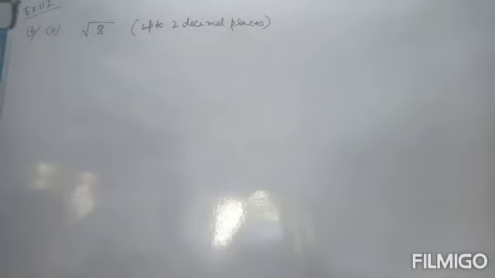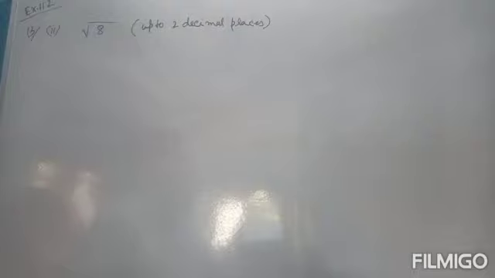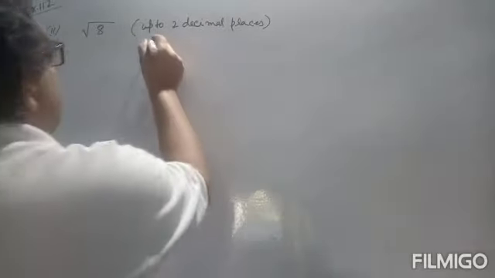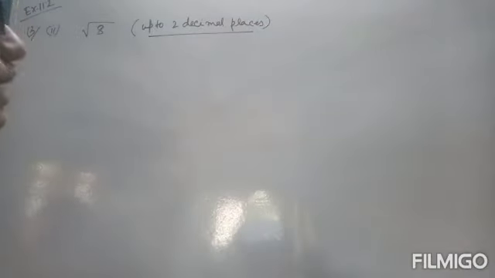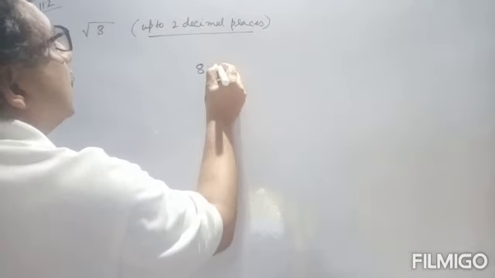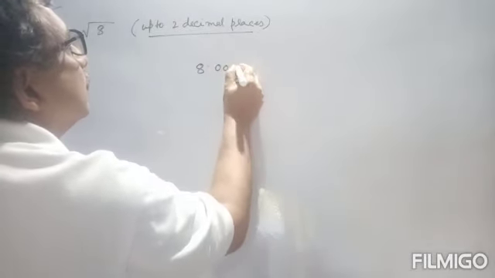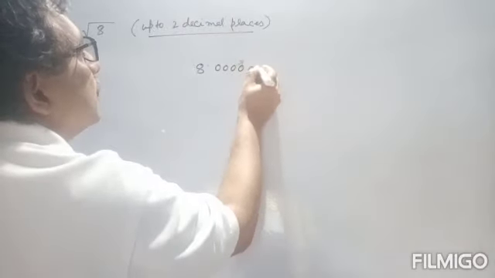Next, question number 13.2, root 8. Find the value of root 8, correct up to 2 places of decimal. Approximation is already known to all of you from the previous chapter. So we have to find the value of root 8. Write down 8. It can be written as 8.000000.